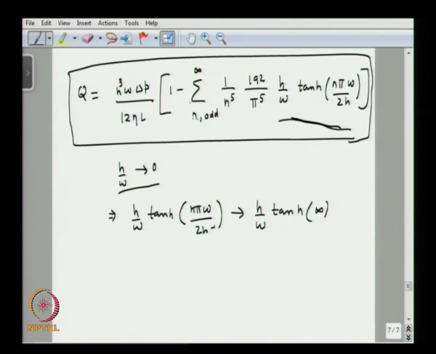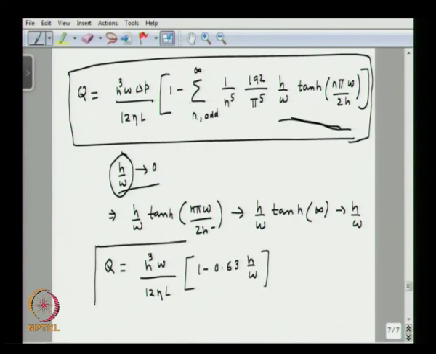So, this tan hyperbolic term will become 1, and so this term will become h over w. So, this is the case where the height is very small as compared to the width. So, in that case we can write Q equal to h cube w divided by 12 eta L into 1 minus 0.63 h over w. Okay. So, this is in the limit where h is less than w.